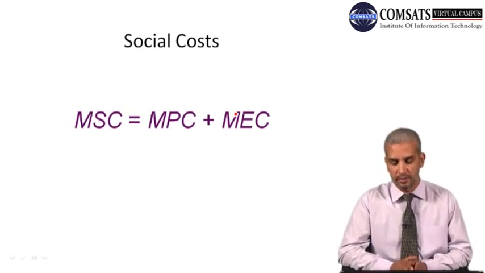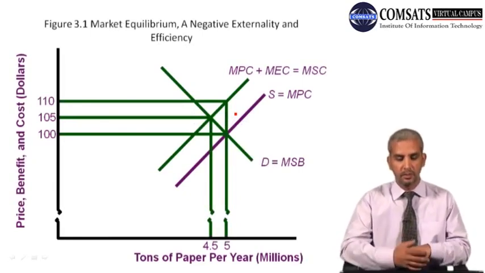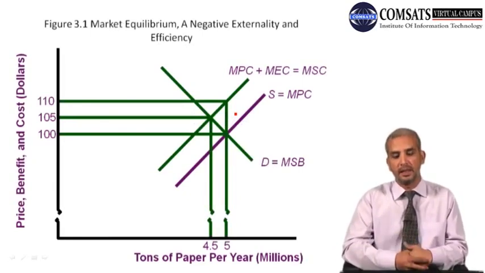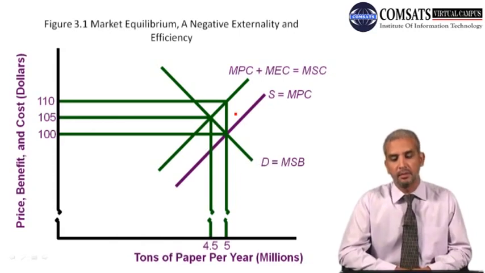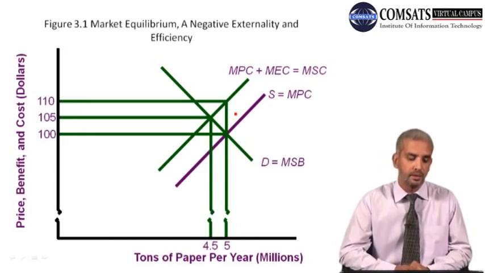Now, in this graph, let us assume an example in order to explain the market equilibrium, a negative externality and efficiency. On the x-axis, let's assume there is a paper producing company. It produces millions of tons of paper per year, and then there is the price of that paper, benefit in terms of dollars and cost in terms of dollars.